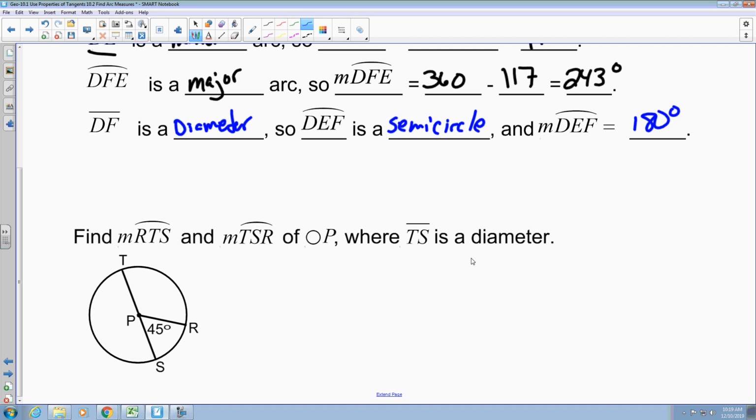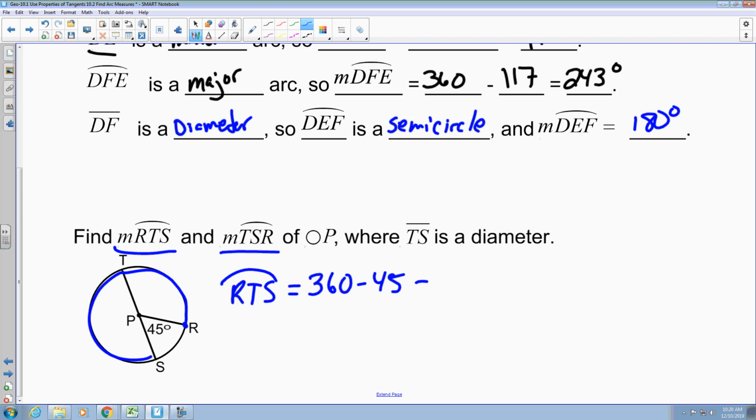Here they want us to find the measure of arc RTS and arc TSR from circle P, where ST is the diameter. Here we have RTS. RTS is found by taking 360 and subtracting 45, and we get 315 degrees.